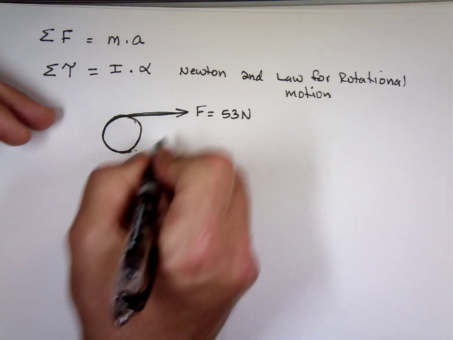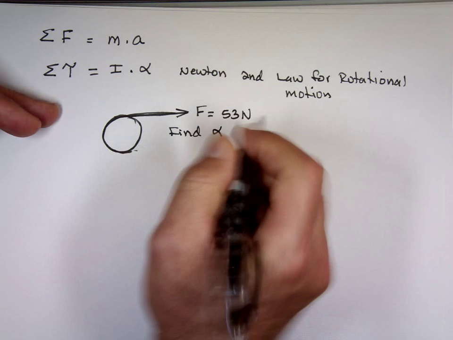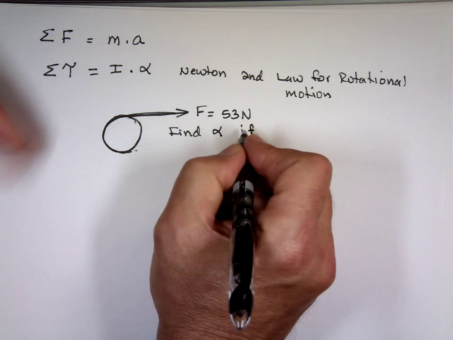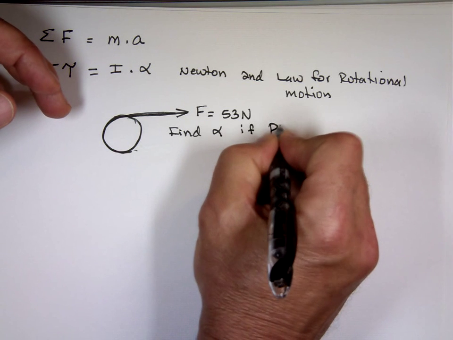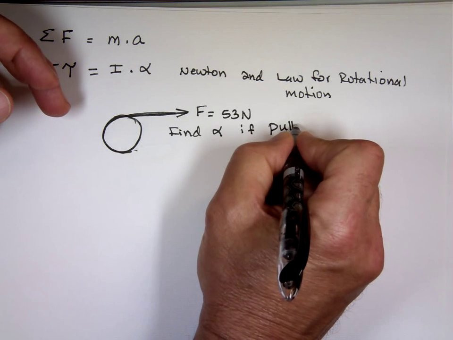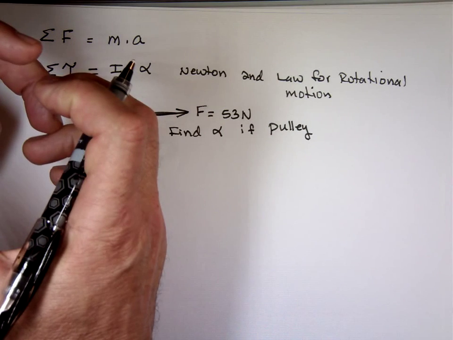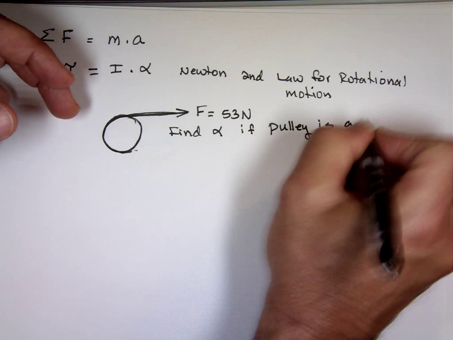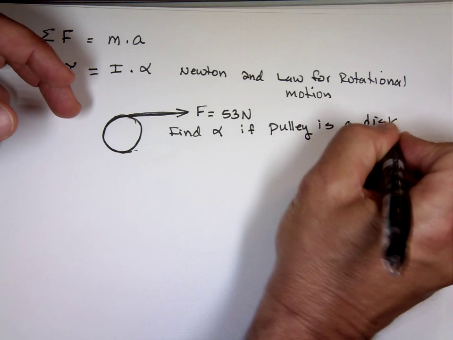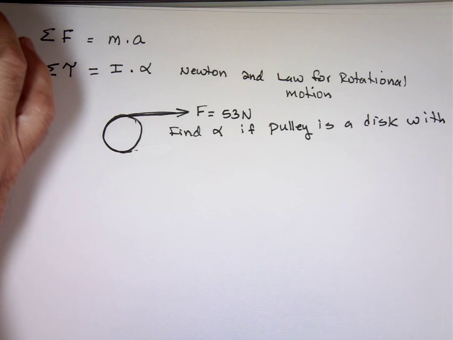Here's the question: find alpha, the angular acceleration, if the pulley here, let's give it a shape. What do you want the pulley to be? You want it to be a solid disc? It is a disc, and you have to give it some mass and radius.